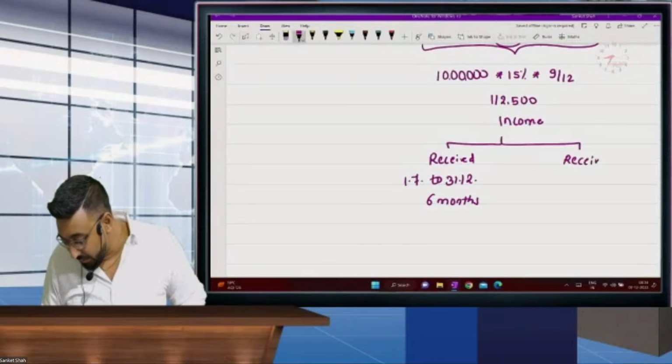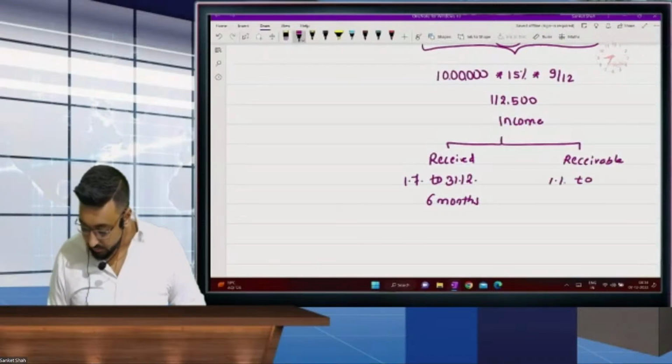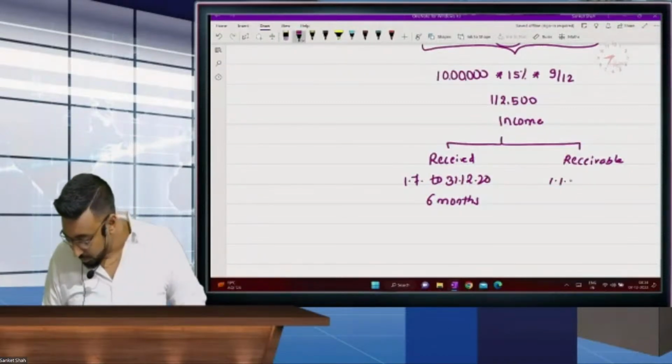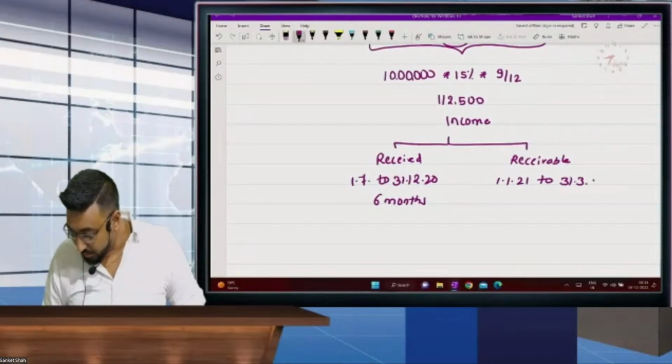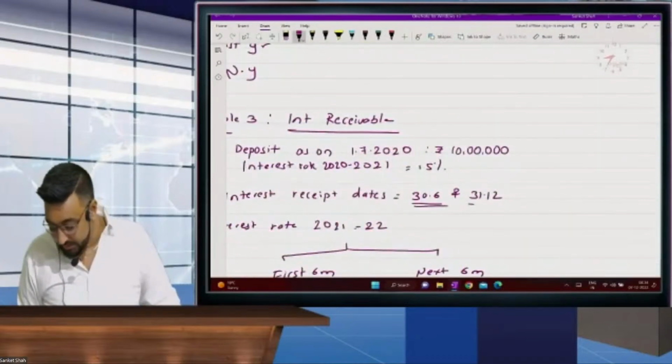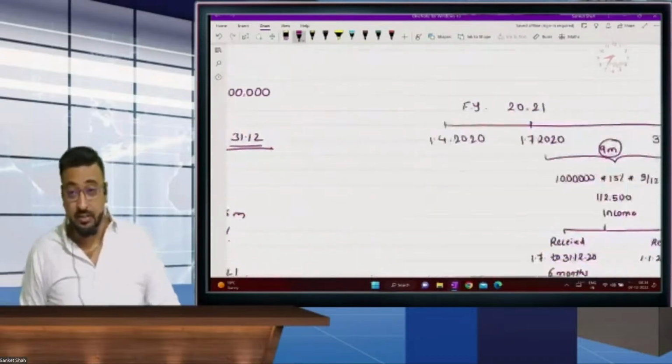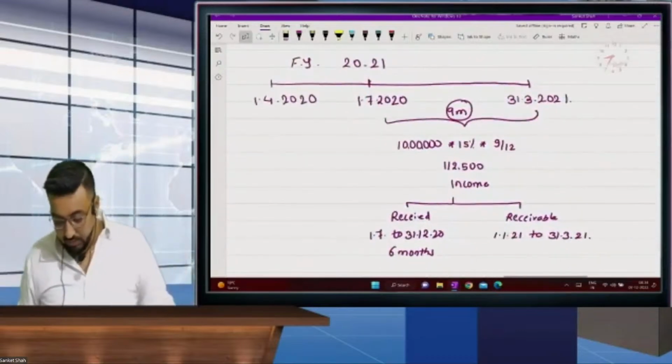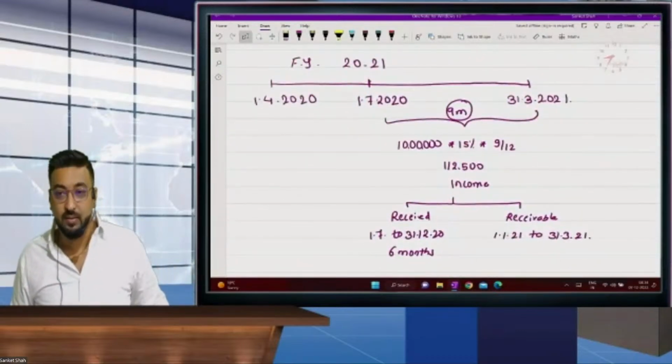And receivable from 1st January 21 to 31st March 21, because interest receipt dates are 30th June and 31st December. So you received only till 31st December, 6 months. And you haven't received.